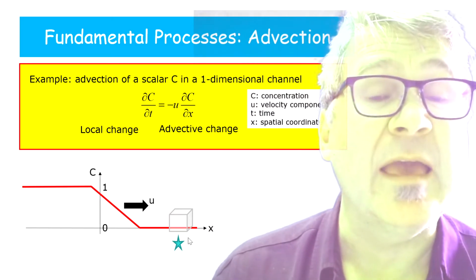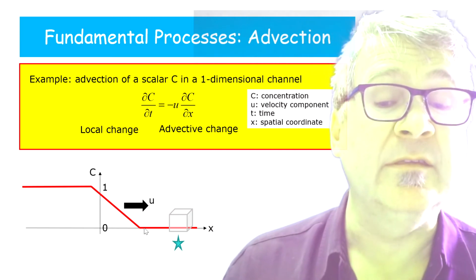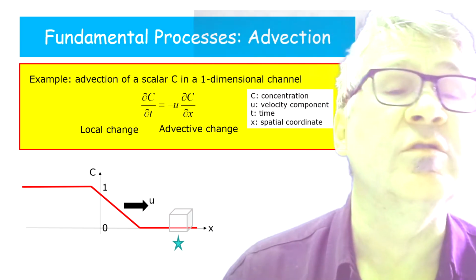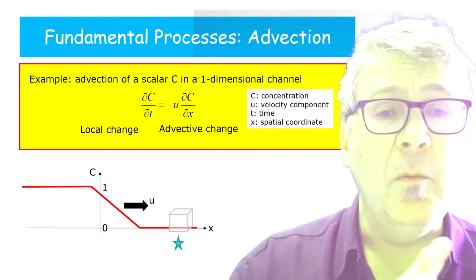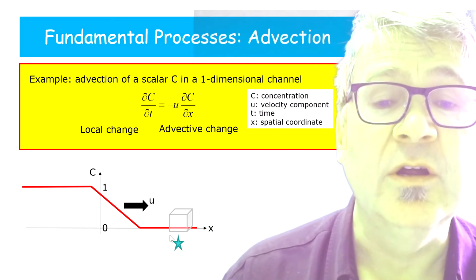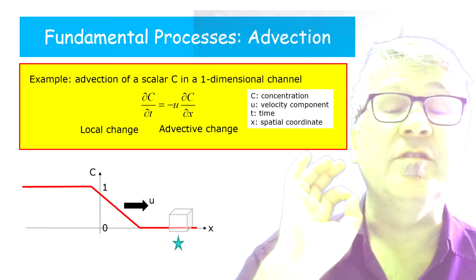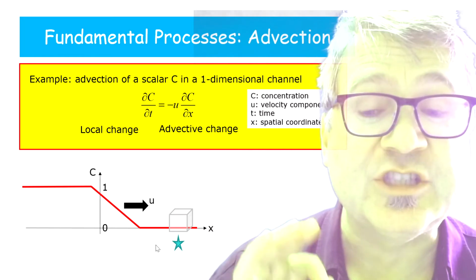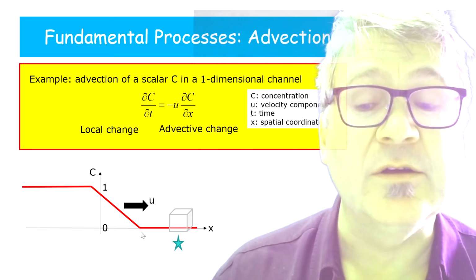For a long time nothing happens, because all that the flow does is move the concentration of 0 past your location, and you don't observe anything. You only observe the change as the flow moves this gradient past your location.